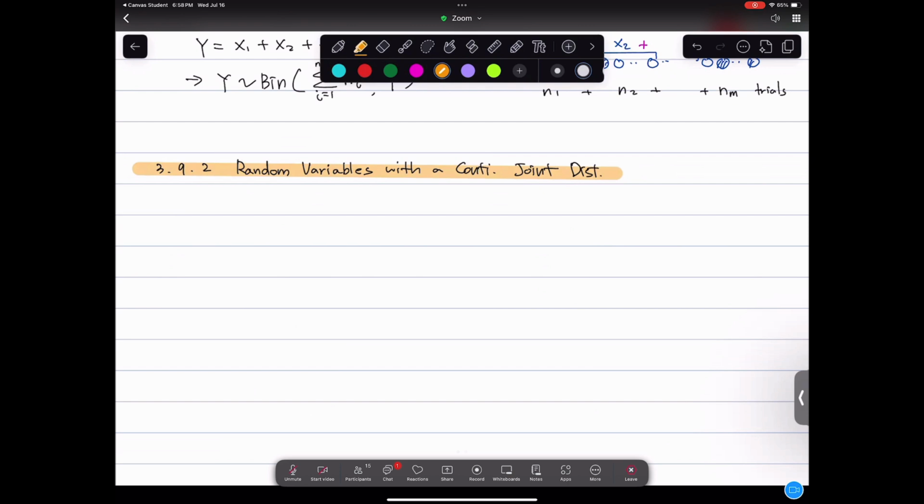All right, so let me go to the definition, 391. It says let x1 and x2 be two independent random variables.